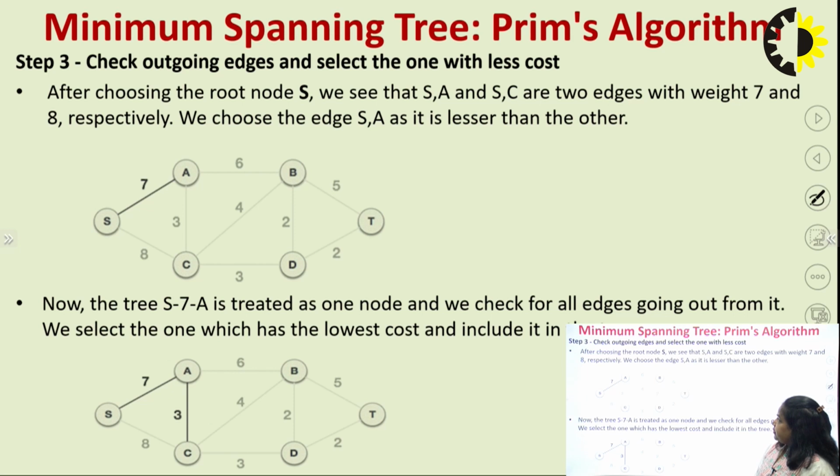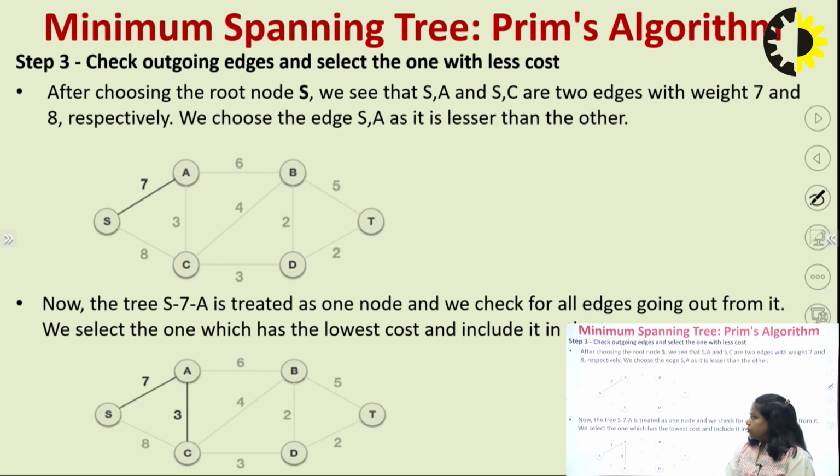Then we check its outgoing edges and select the one edge with the least cost. In another way, for the root node S we check its adjacent nodes, and whichever has the least value, we consider that edge only.